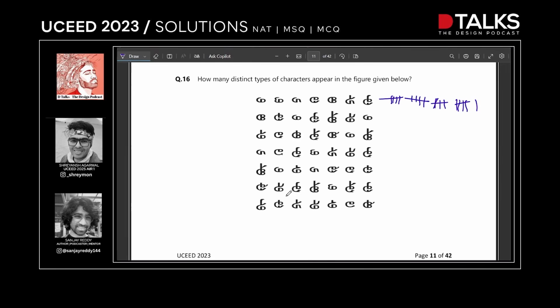Then this one is there. This one's also there, I think, somewhere. Wait, no, this is the different symbol. I think it's there. This one we did not count. I counted this as the same symbol over here. These were two different symbols.